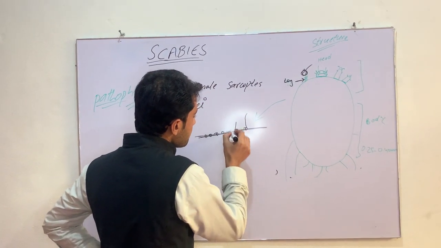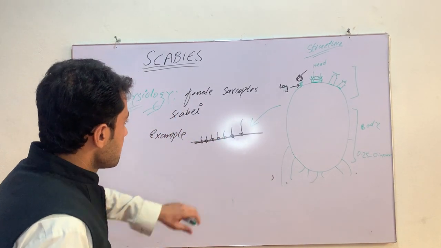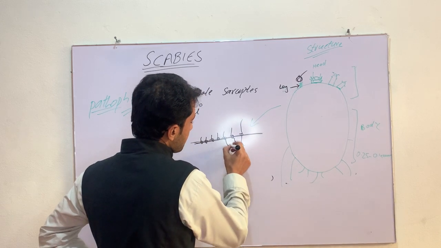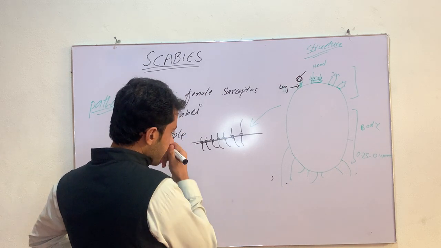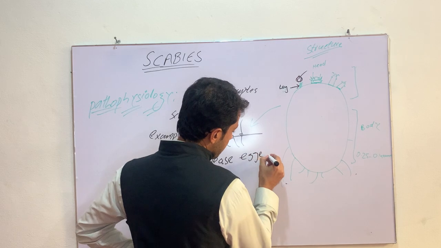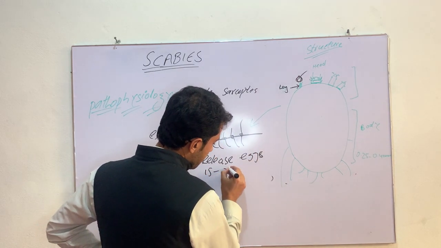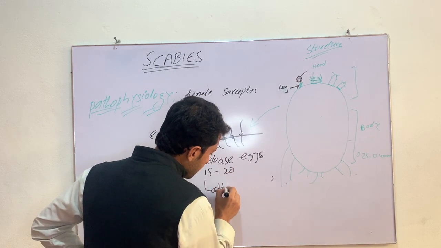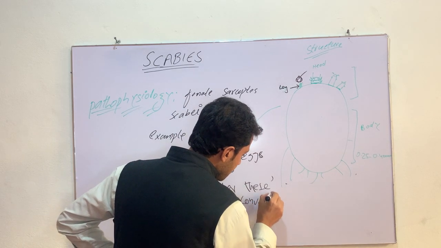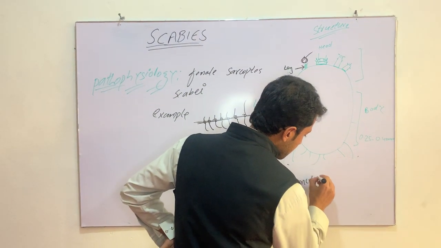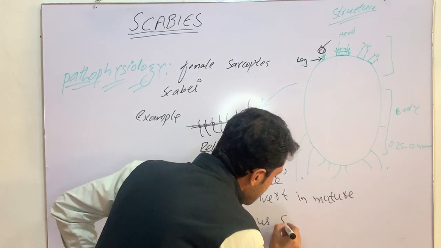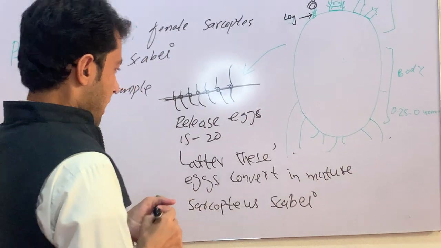They burrow in the stratum corneum layer of the skin, and after entering our skin, they release 15 to 20 eggs, which later convert into mature Sarcoptes scabiei.